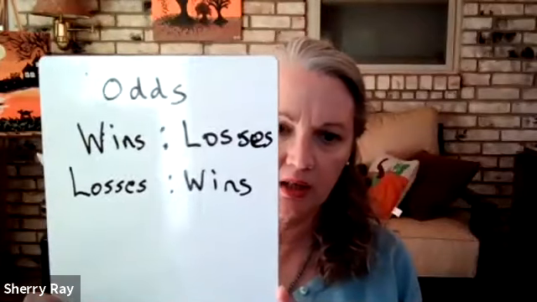Whereas probability describes the proportion of time the horse wins or the team wins. So when we say probability, think of proportion.